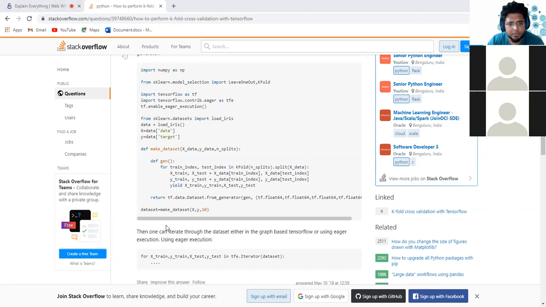Okay. So after k-fold, we can go for the confusion matrix. The confusion matrix is also an important concept.